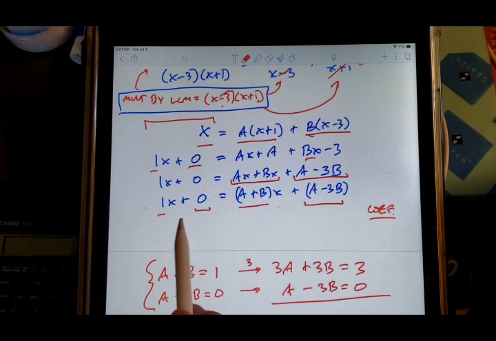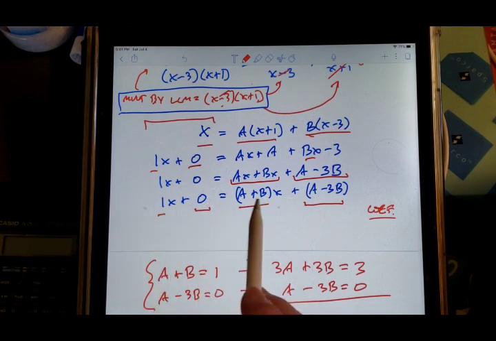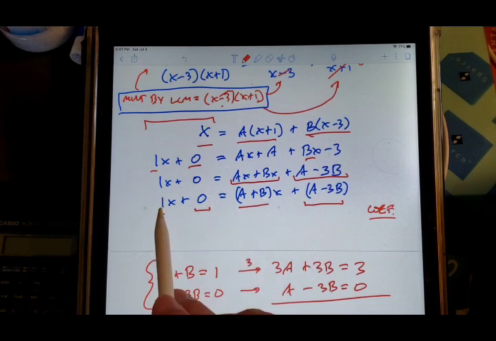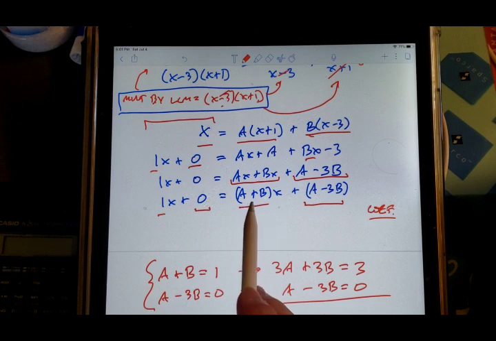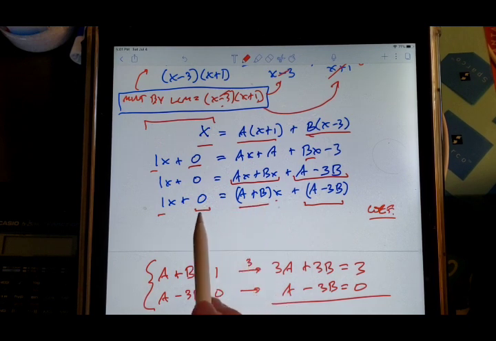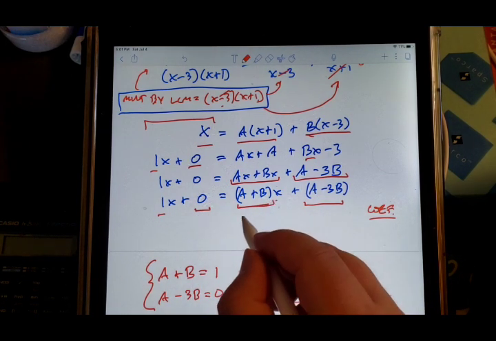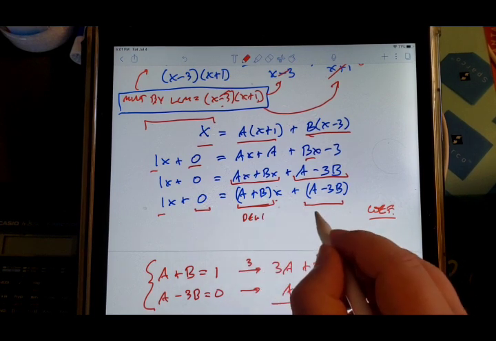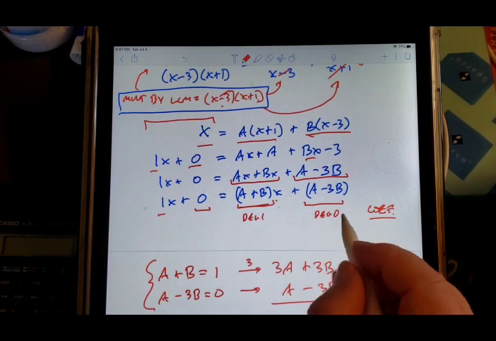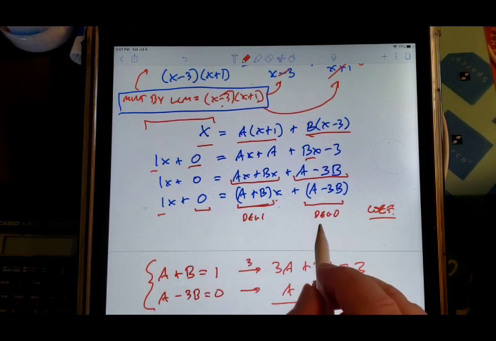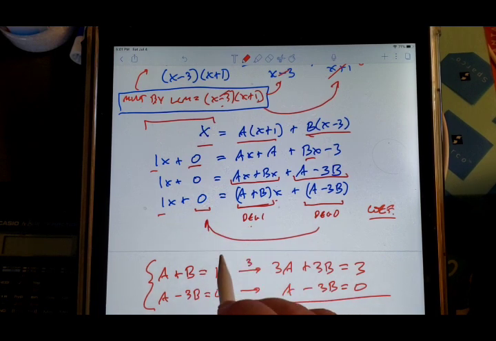So the coefficients on both sides of the equal sign have to be the same. So for degree 1, on this side, the coefficient is 1. And on this side, the coefficient of x is a plus b. For degree 0, it's 0.